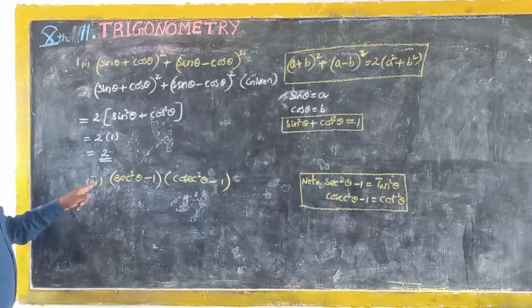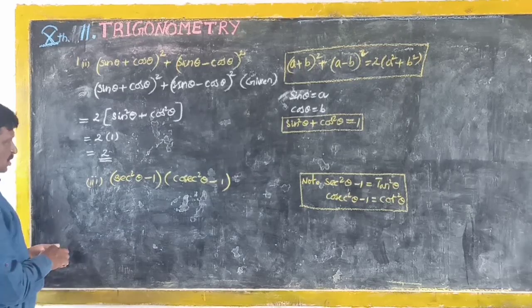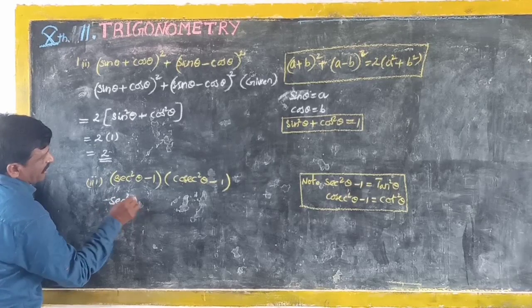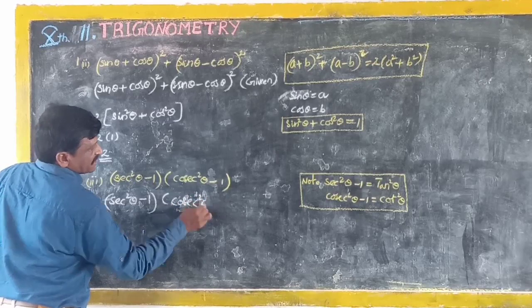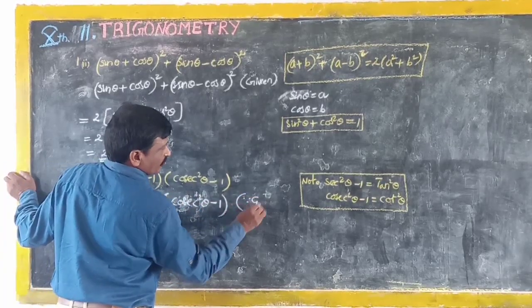Next sum: secant square theta minus 1, cosecant square theta minus 1. So secant square theta minus 1, cosecant square theta minus 1, given.